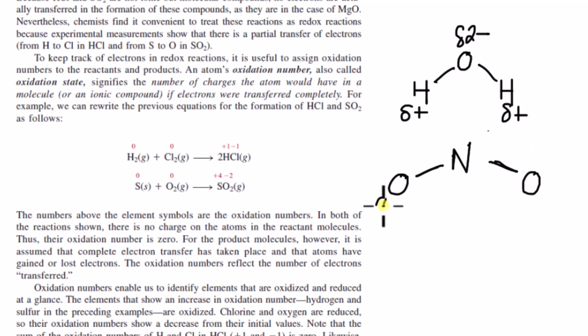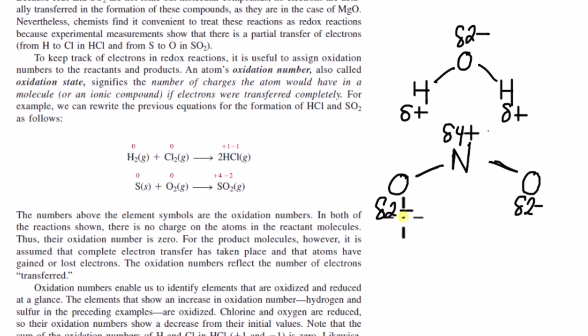You've got negative dipoles here, a positive dipole here. The difference in electronegativity between oxygen and hydrogen is a good bit larger than the difference in electronegativity between nitrogen and oxygen. So H2O is a much more polar molecule than NO2.